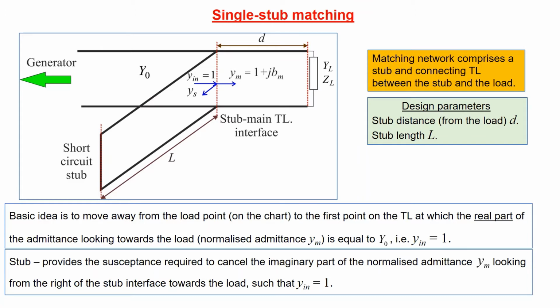Now the basic idea here is to move away from the load point, typically YL on the chart, so using the chart for admittance calculations, move away from the load point on the chart to the first point on the transmission line at which the real part of the admittance looking towards the load, Ym at the interface, is equal to Y0, the real part.